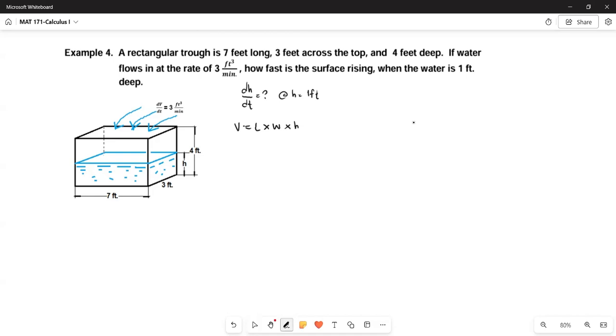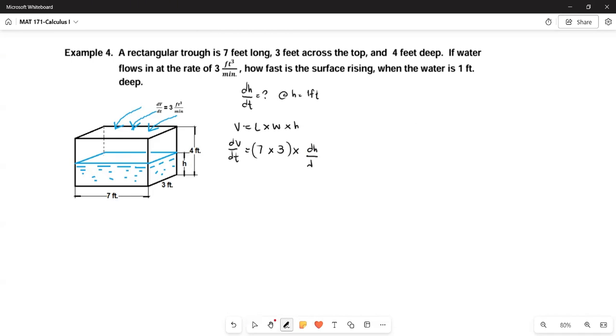So that's why variable siya. So kung i-differentiate natin yung ating formula na V is equal to length, width, height, yan ay magiging dV with respect to time is equal to, yung length natin is yung 7, of course, times yung ating w is yung 3. Sinasubstitute ko lang, since constant naman, sinubstitute ko na. So times, yung h is variable yan, pwede na lang natin i-derivative.